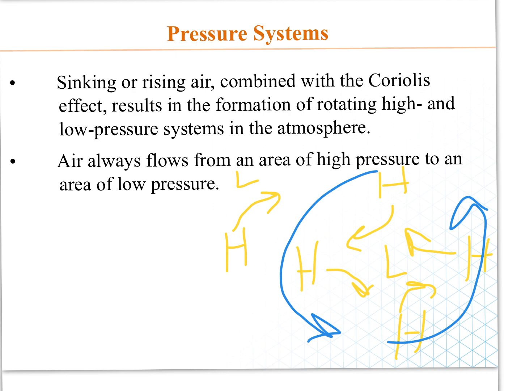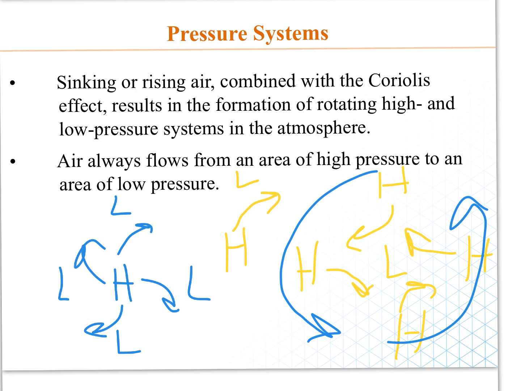The opposite of that would be if I have a center of high pressure, that would mean that I have low pressure all around. And therefore, winds again are going to move outward. But now this is going to create a general pattern of clockwise rotation.